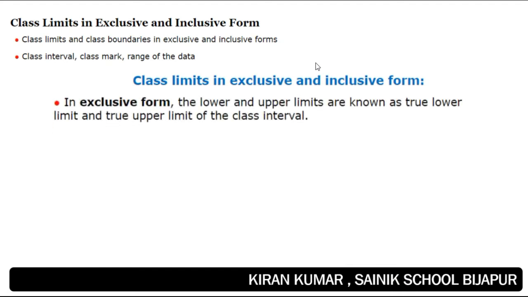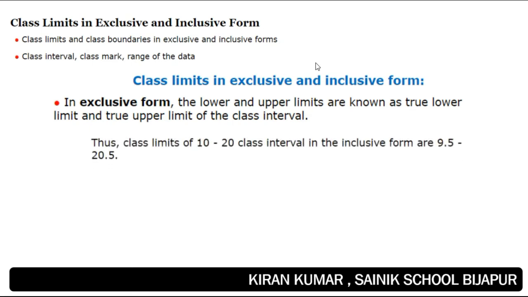In the inclusive form, the lower and upper limits are known as the true lower limit and true upper limit of the class interval. Thus, the class limits of 10 to 20 in the inclusive form are 9.5 to 20.5.